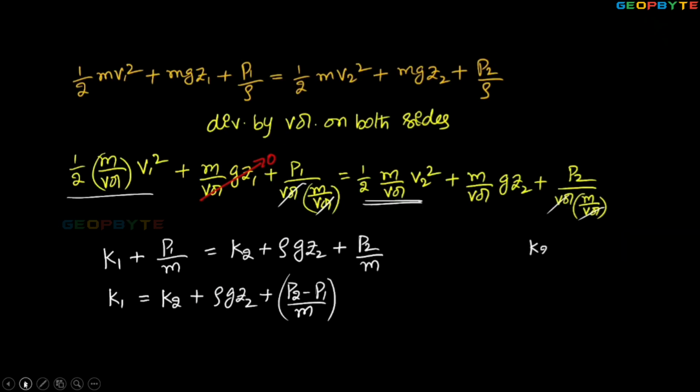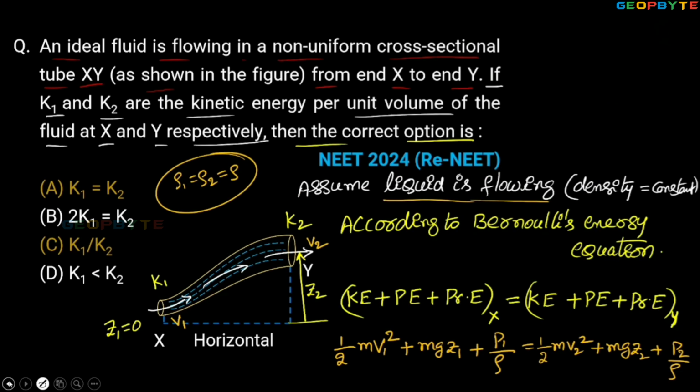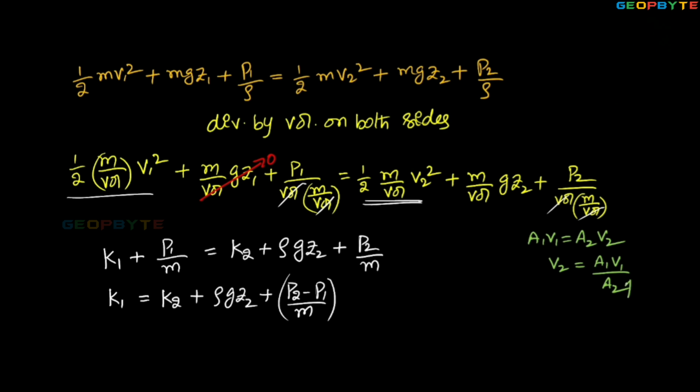What is the continuity equation? Let me write it clearly. Continuity equation is A1 V1 equal to A2 V2. Here V2 equals A1 V1 by A2. Look at the area at Y, the area is increasing. By the time the area is increasing, velocity decreases. Velocity decreases means kinetic energy K2 is less than K1.